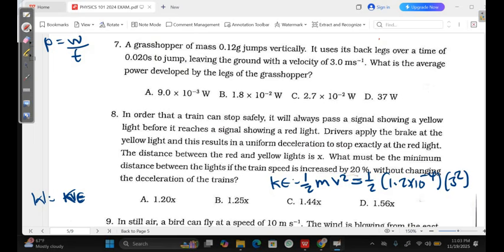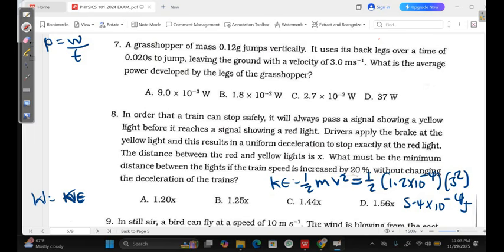So what answer do I get here? 0.5 times 1.12 times 10 to the power negative 4, then times 3 squared. Is this answer correct? I'm getting 5.04 times 10 to the power negative 4 joules.